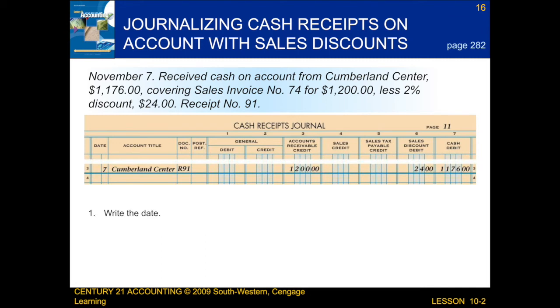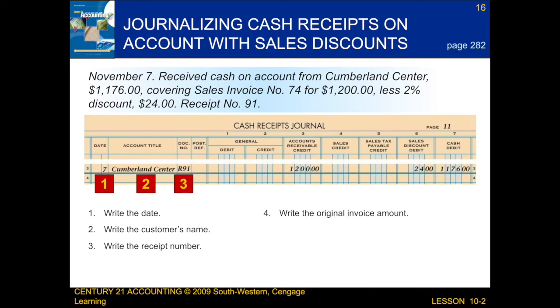First, we write the date, which is November 7th, in the date column. Next, we write the customer's name, which is Cumberland Center, in the account title column. After that, we write the receipt number, which is R91, in the document number column. Next, we write the original invoice amount, which is $1,200, in the accounts receivable credit column.